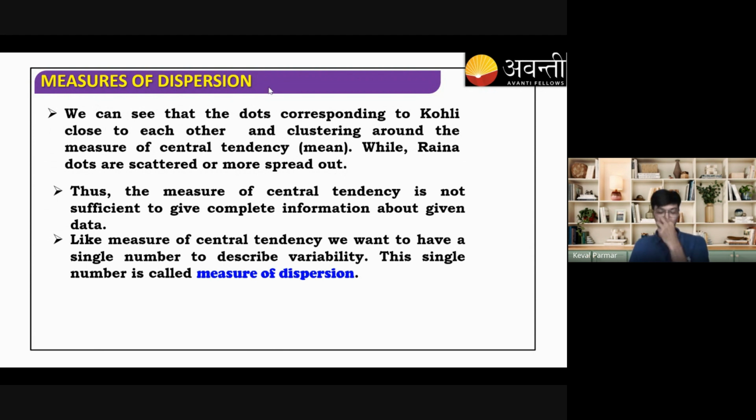Now, to study measures of central tendency, we had some tools: mean, median, mode. Similarly, to study measures of dispersion, we again have tools. Those three tools are range, variance, and standard deviation.